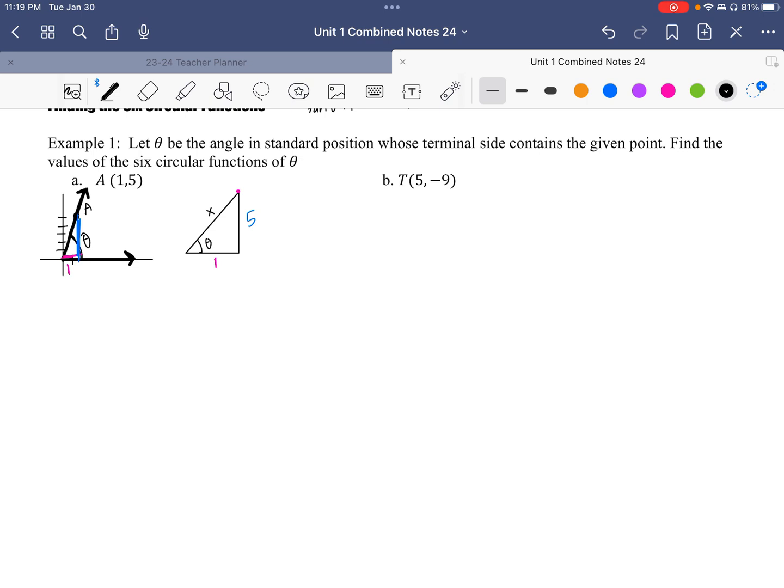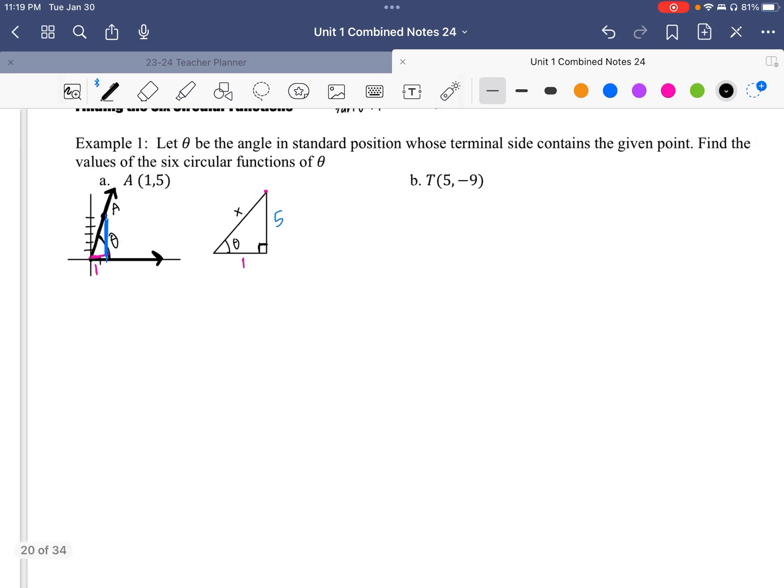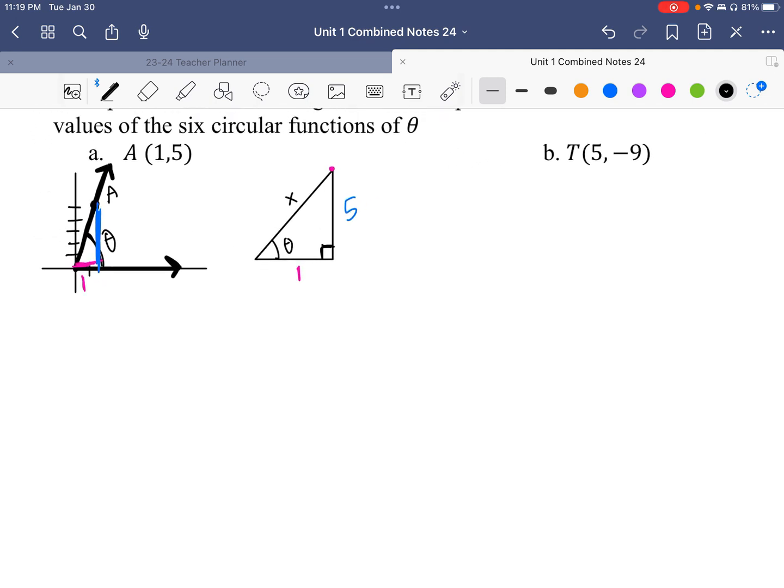This is a right triangle, which tells me that I can use the Pythagorean theorem to find x here. So I know that 1 squared plus 5 squared would have to equal our x squared.